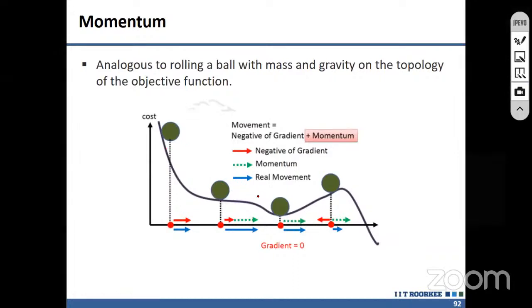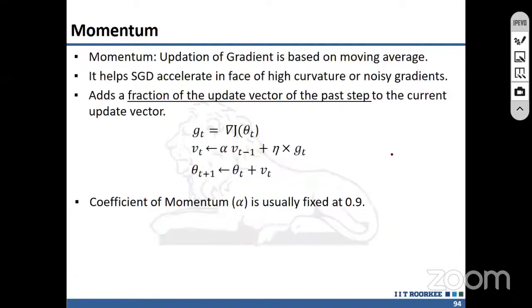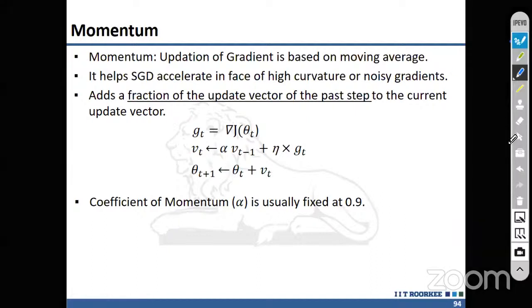Then we will be accumulating, and whenever we start the next, current step, we have to add that previous information as well. The previous gradient information we need to add to know whether it should stop or go. How? This is actually a simple formula. So that's momentum. The update of the gradient is based on the moving average.